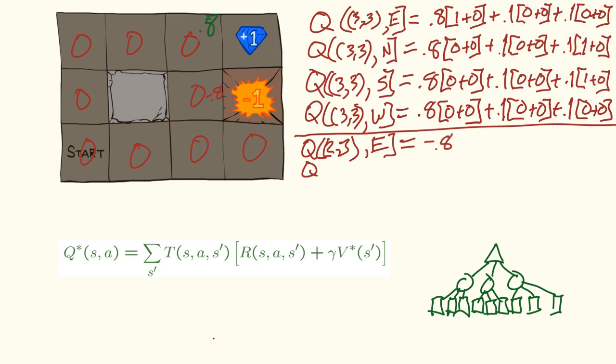And Q in 2, 3 going north is 0.8 of the time you get 0, 0.1 of the time you bounce back and get 0, 0.1 of the time you go here, and so that is worth -0.1.